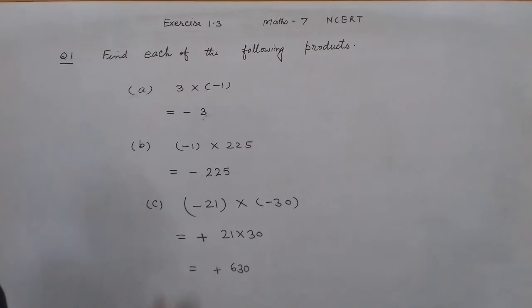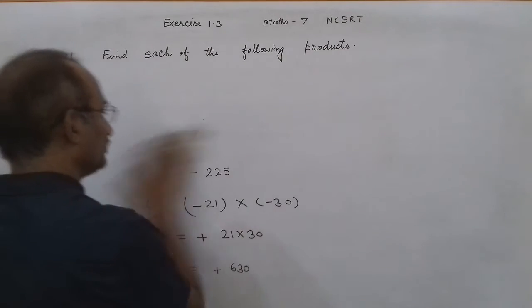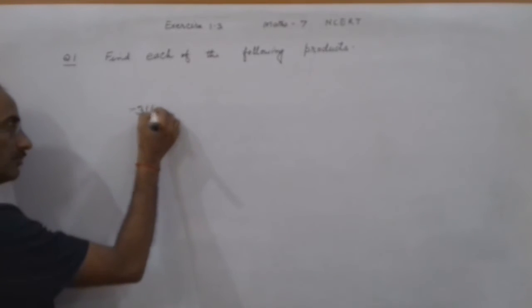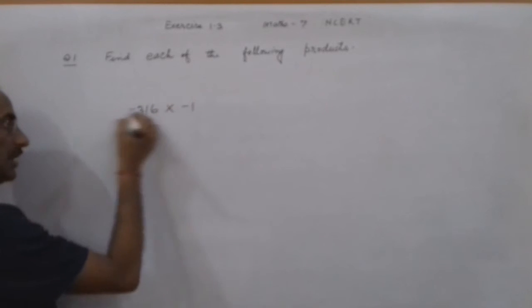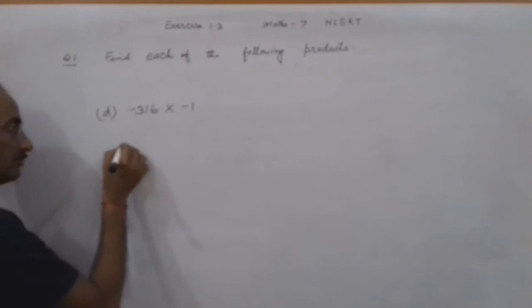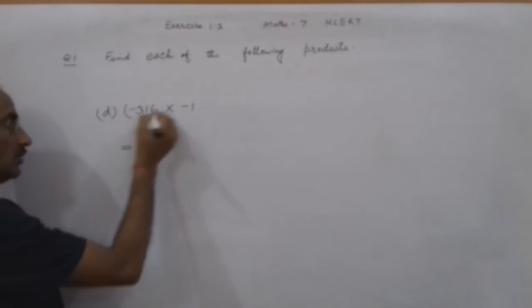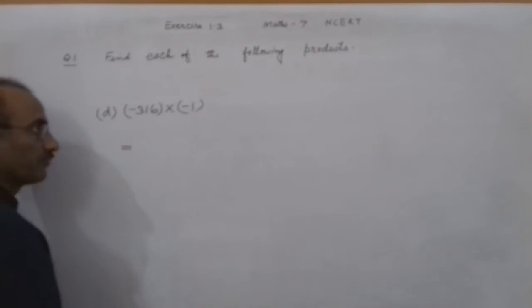The next question is minus 316 multiplied with minus 1. Here we have two negative integers.